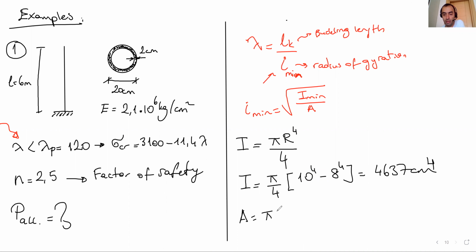It's easy for you: pi r square, where r is 10, minus 8 square. So this is the area. Now we have all the information to calculate the radius of gyration.